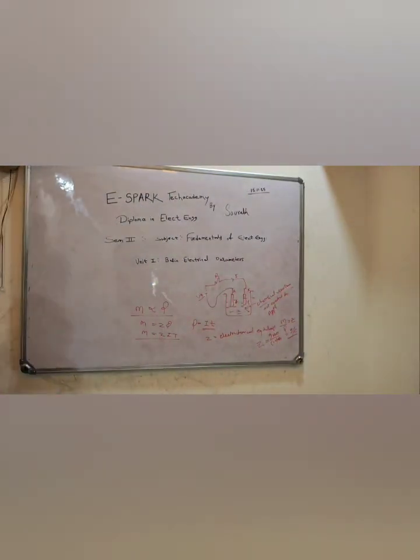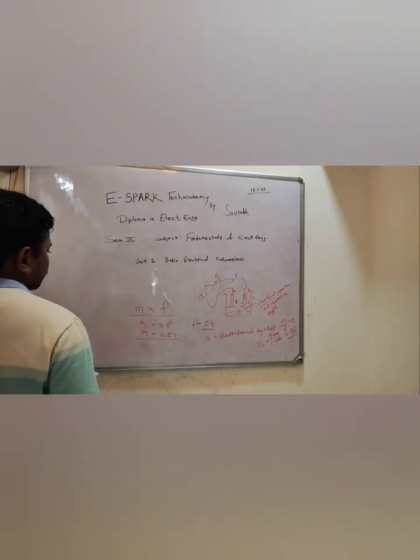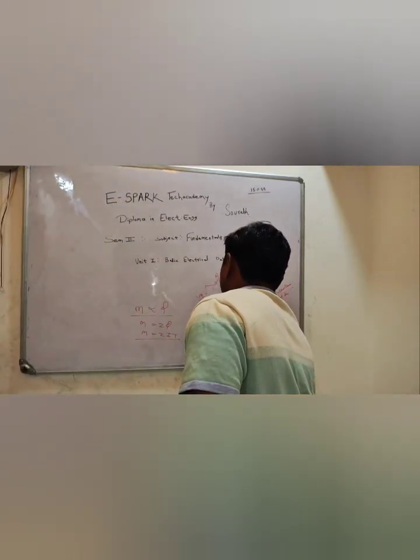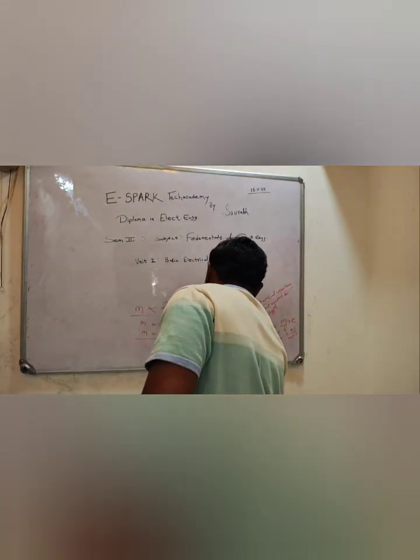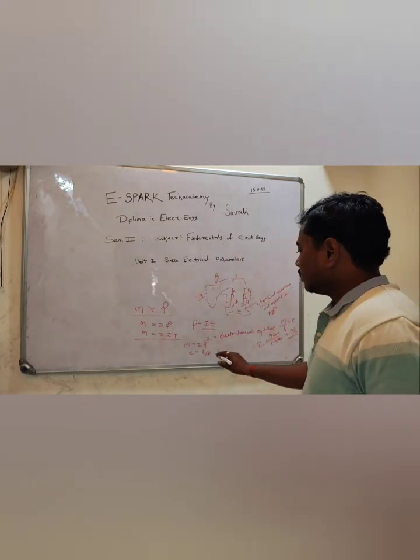Now by Faraday's second law, for the same quantity of electricity, mass deposited is proportional to equivalent weight. In this case the equation will be the same, M equals ZQ, but here the value of Z will be E by F. E is the equivalent weight.